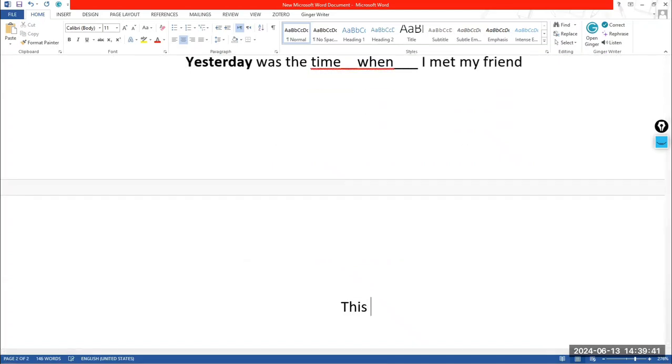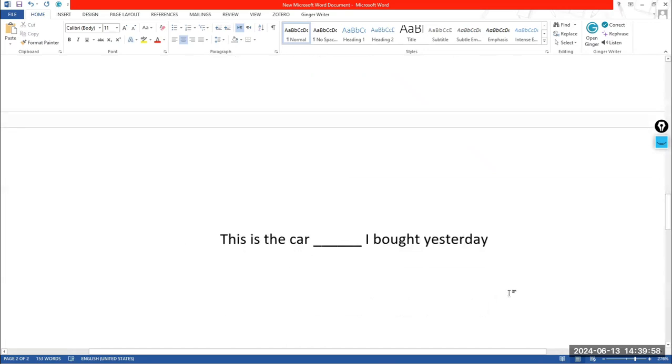Another example, if I want to say, this is the car blank I bought yesterday. Okay, this is the car who I bought yesterday. Who is the car? Is it a person, place, thing, time? The car is a thing.